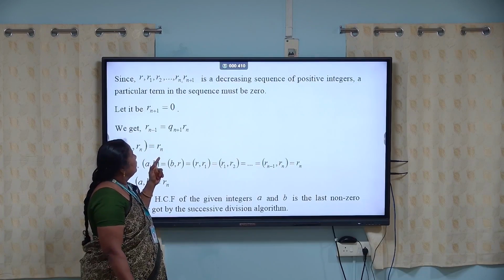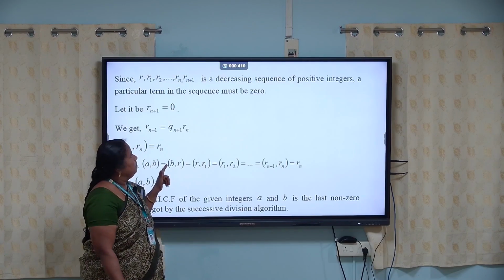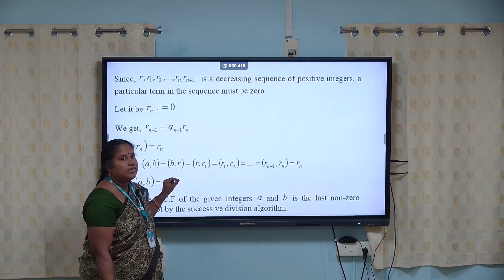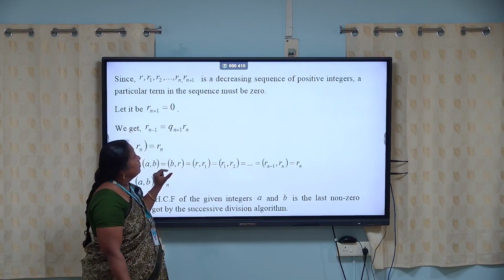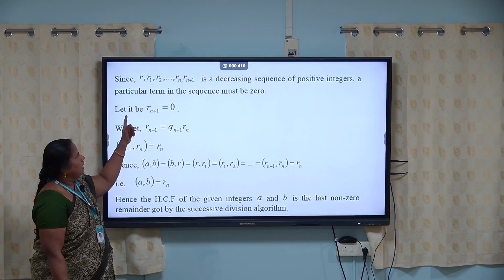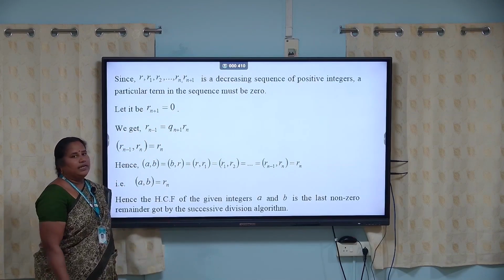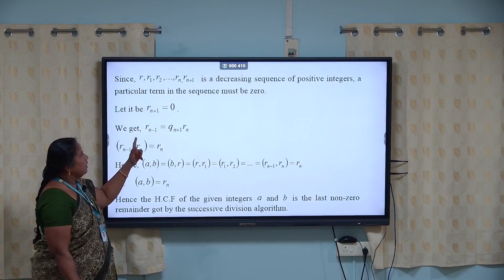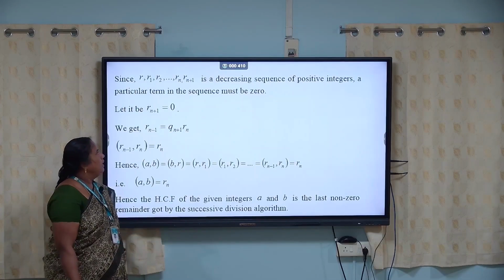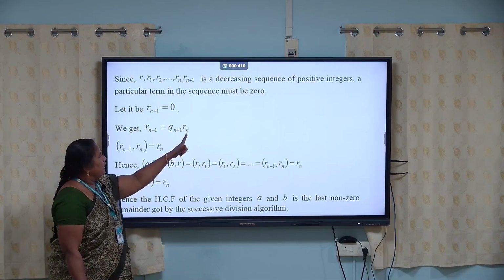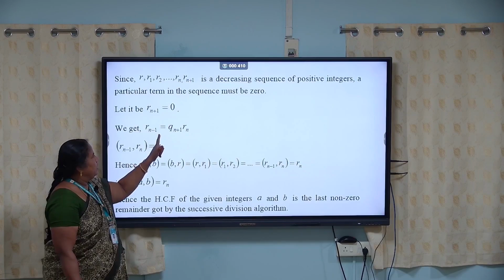Since r, r1, r2, and so on, rn, rn plus 1 is a decreasing sequence of positive integers, a particular term in the sequence must be 0. Let it be rn plus 1 equal to 0. So, we get rn minus 1 equal to qn plus 1 into rn. That means rn is a factor of rn minus 1.